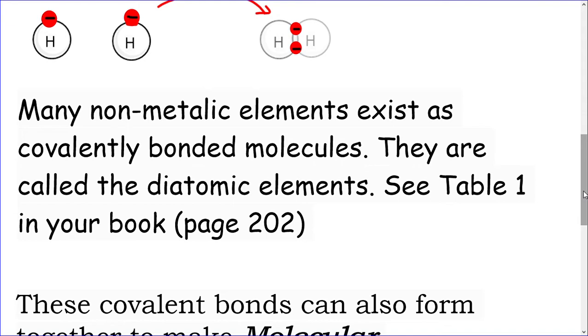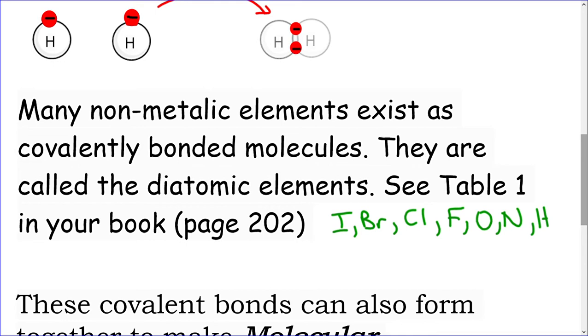Starting from our halogen group at iodine, those 7 tend to make a 7: iodine, bromine, chlorine, fluorine, oxygen, nitrogen. That makes a 7 on that table, but then we also add in hydrogen as our last one. So there are 7 diatomic molecules.